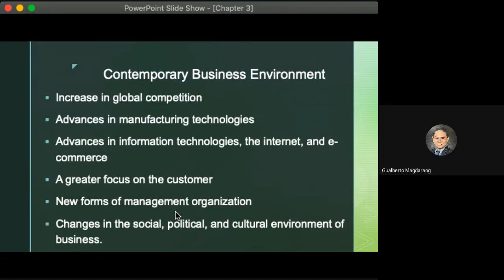So even in the organization, tinitingnan din yan. Sa BSU, meron tayong gender and development, something like that. Tinitingnan yung ratio ng male and female within the organization.